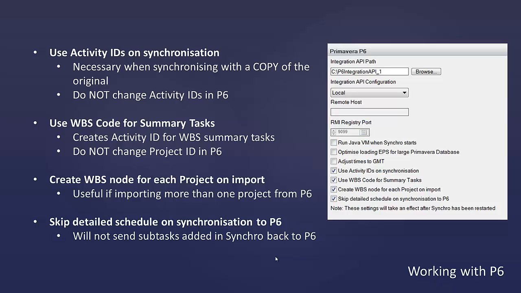If you wanted to send that data back to P6, but you didn't want to send those subtasks, you just wanted to update durations of the original tasks, you could send that back, synchronizing to P6, pushing your data back to P6, but choosing to not send those new subtasks. So anywhere a task originated from P6 and you created subtasks under it, those would not be sent to P6 when this option is chosen.